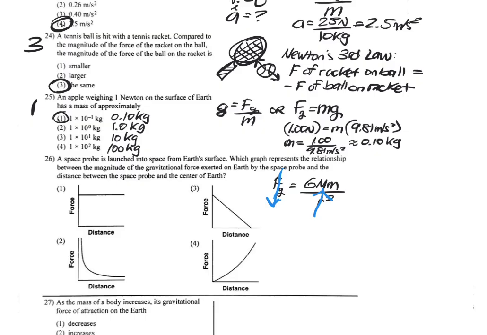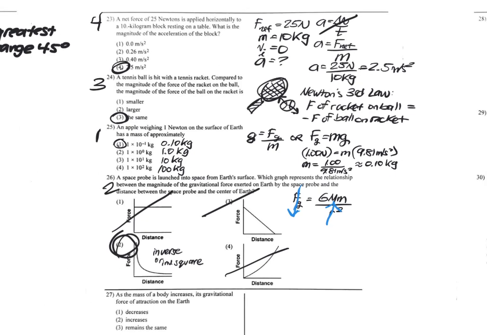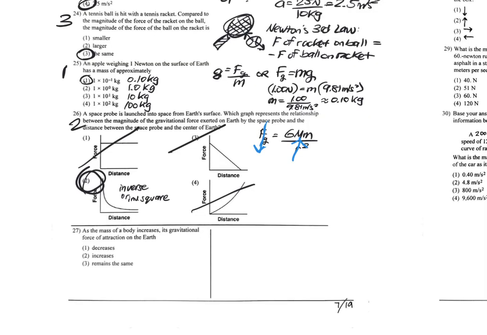So it's not going to increase, so it's not going to be choice 1 showing no relationship, or choice 4 showing an increasing relationship. It's either 3 or 2. But inverse or inverse square follows this, they call it a hyperbolic curve. Inverse or inverse square looks like choice 2, not choice 3. So there you go.